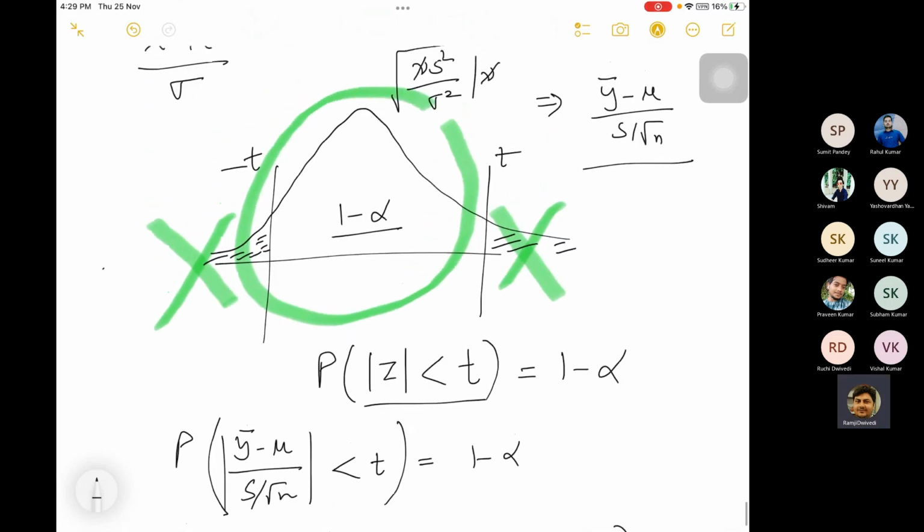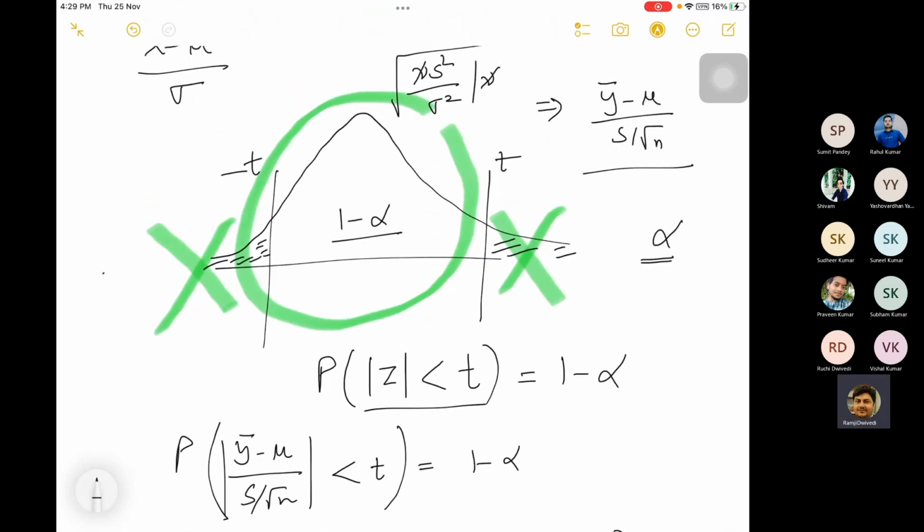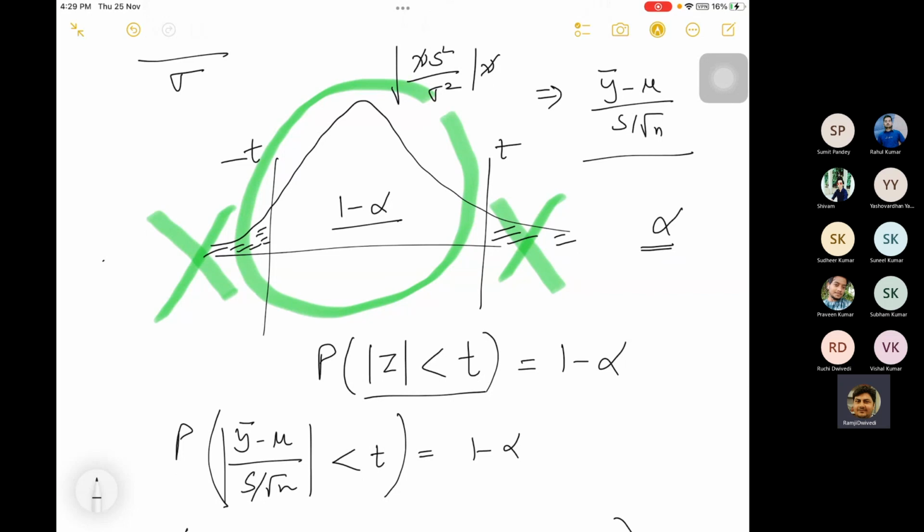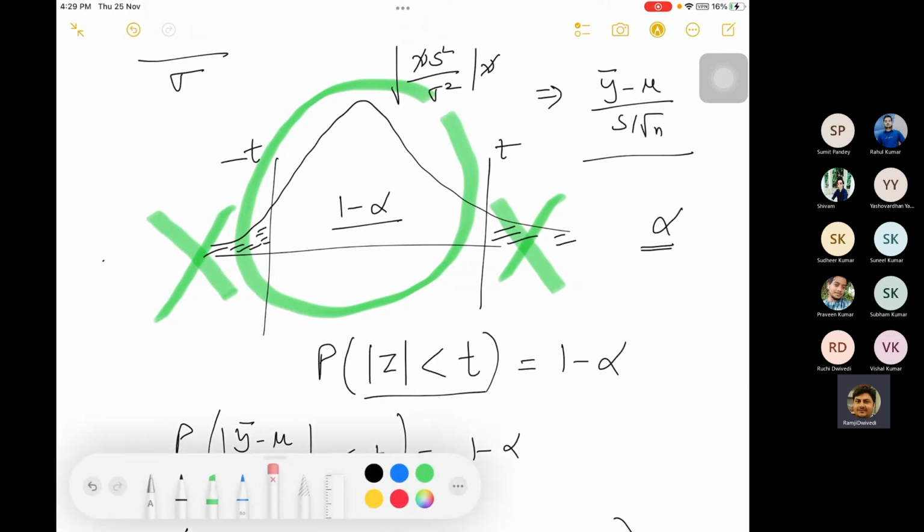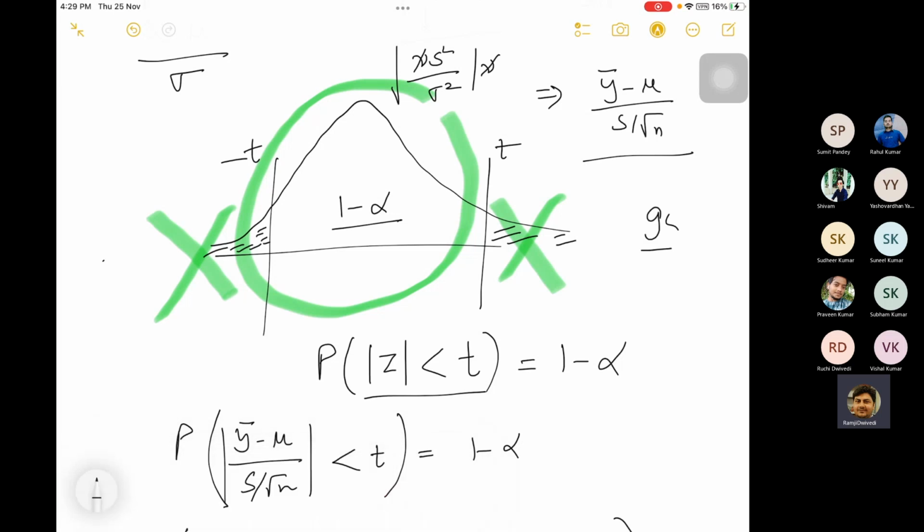See, if somebody has given that, tell me with 0.05 probability level, or 5% probability, or maybe a better statement would be: if somebody says, tell me with 95% probability what is the range of the mean.